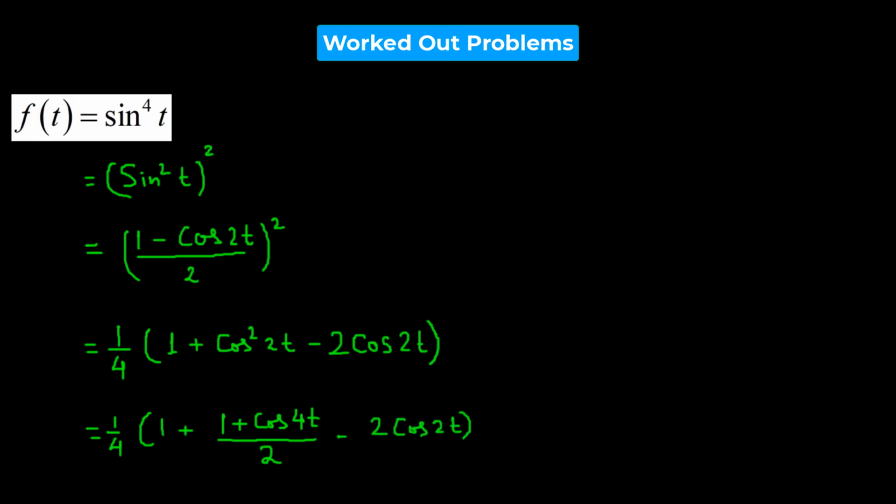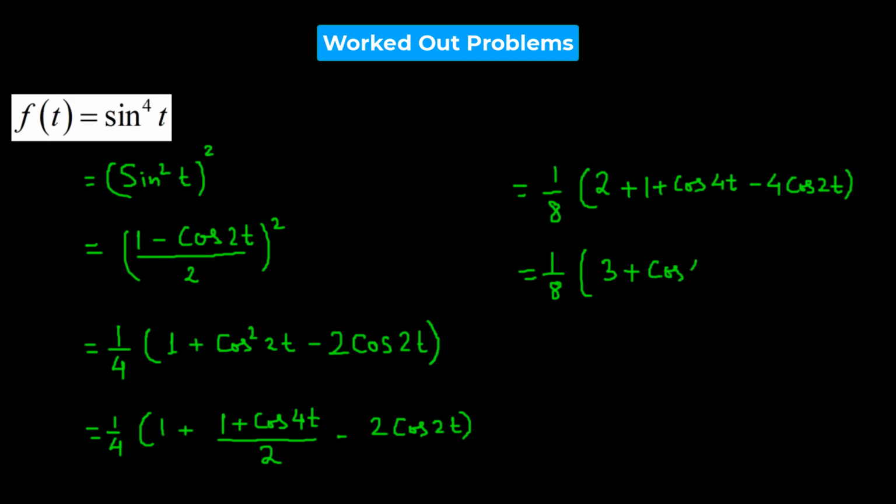So this is going to give us 1 over 8 multiplied by 2 plus 1 plus cosine of 4t minus 4 times cosine of 2t. So we have 1 over 8 multiplied by 3 plus cosine of 4t minus 4 times cosine of 2t.